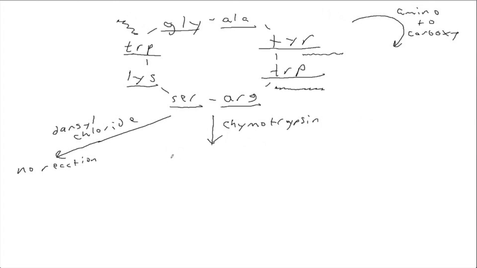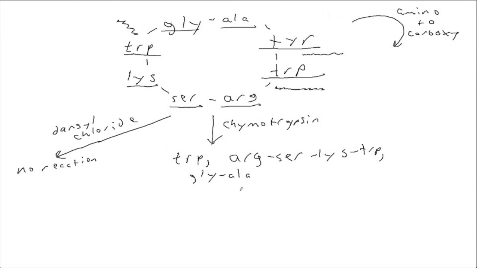So what fragments would we get? You'd have a free tryptophan, and then arginine linked with serine, lysine, and tryptophan. And then glycine with alanine and tryptophan. Say that again, please.